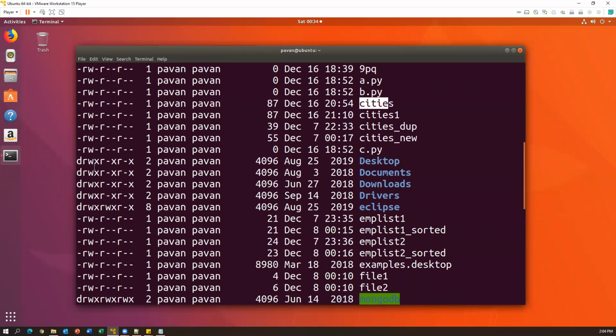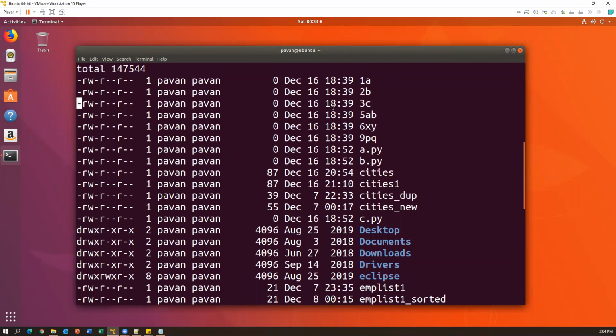Sometimes the first character is d, which represents a directory. So when it is a hyphen, that is a file, and when it is a small d, that is a directory. By seeing that character, we can understand whether it is a file or a directory.